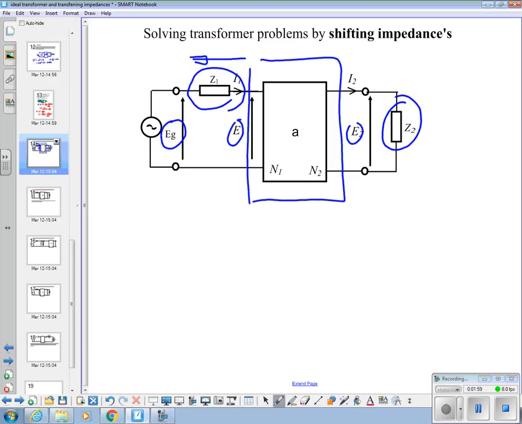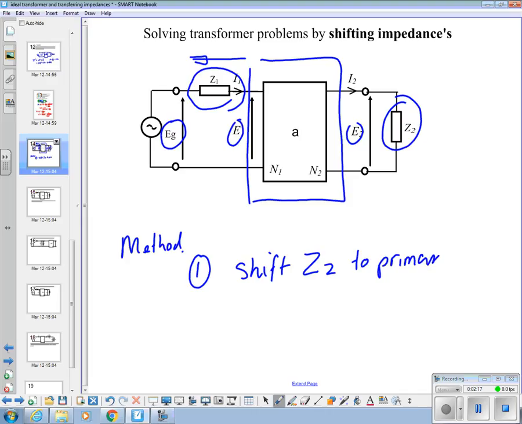Okay, so the method around that is, for this problem, part 1, shift Z2 to primary. We know that Z2 dash is equal to A squared times Z2.